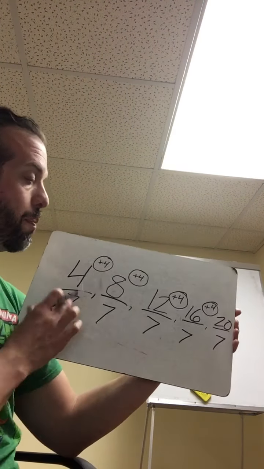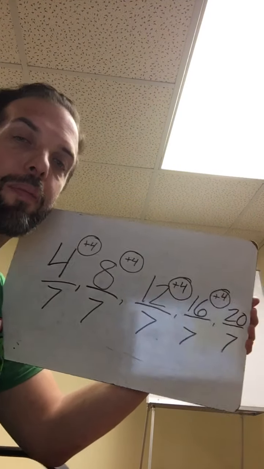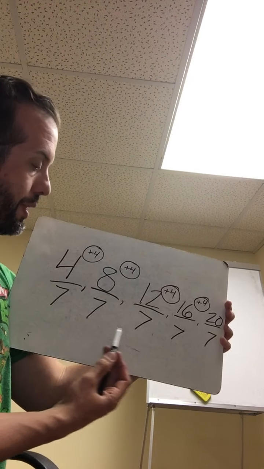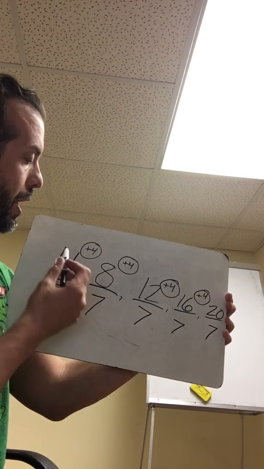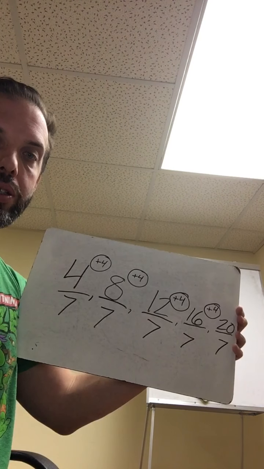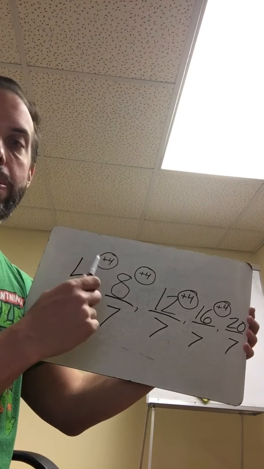You can see here that the denominator, when I'm doing my multiples, did not change. It stayed the same. And each time to my numerator, we added 4, just like we would if we were doing whole number world. All right, so that's going to be key.